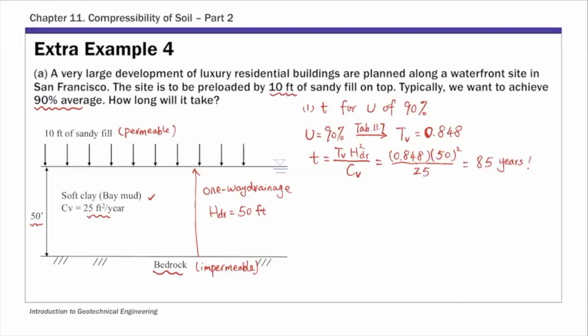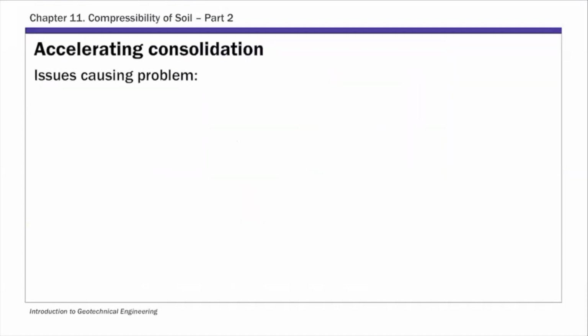So if you look at this time factor, so T_v, so this is C_v t over H_DR squared. And from this definition, that's how we calculate that small t of 85 years.